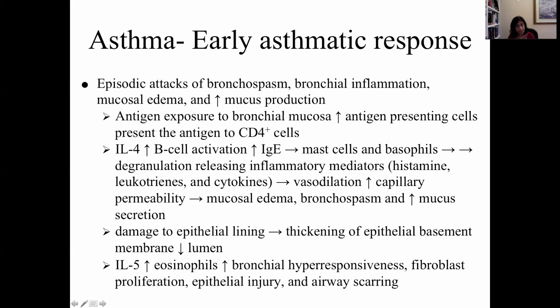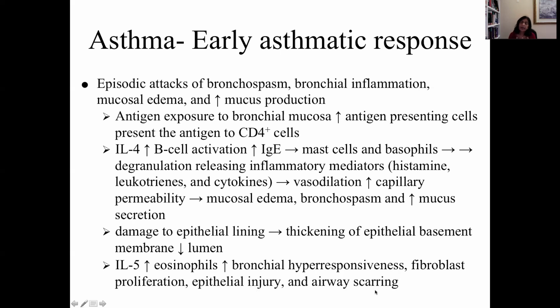All right, now let's talk about IL-5. IL-5 activates eosinophils. Okay, that's again going to increase bronchial hyperresponsiveness, fibroblast proliferation. So this is where there is too much fiber. That's how it would be a fibrosis kind of effect: fibroblast proliferation, epithelial injury, and airway scarring.